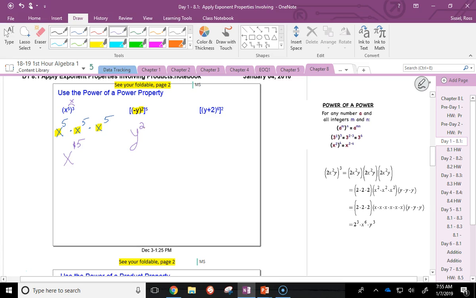Mainly, the best answer would just be our exponent is even. Remember on Friday? If our exponent's even, the negative becomes positive. If it was odd, it stays negative. Then, we still have our brackets to the 5th. So then this final answer becomes what? Y to the what? 10.